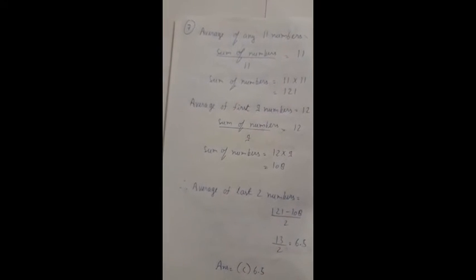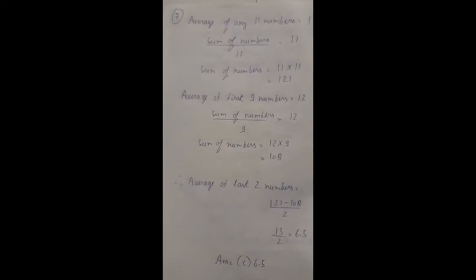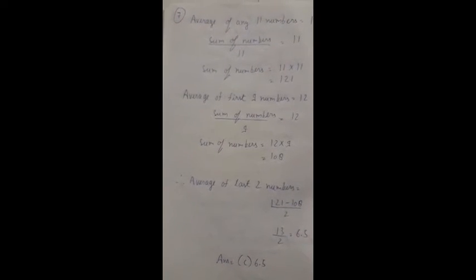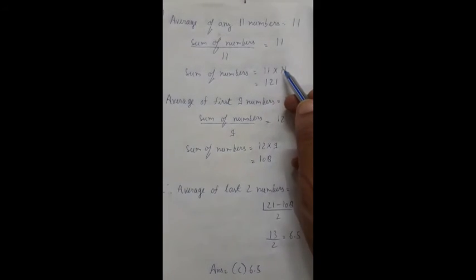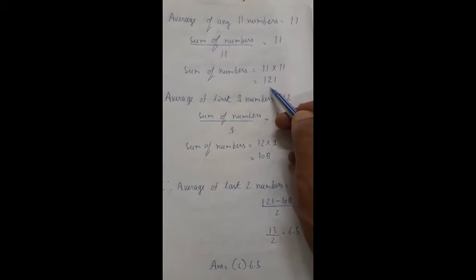Then see the seventh question. It's saying that the average of any 11 numbers is 11 and the average of the first 9 numbers is 12. Find the average of the last two numbers. So the average of 11 numbers is given as 11. That means sum of numbers upon 11 equals 11. So the sum of numbers we will get 11 multiplied by 11, that is 121.